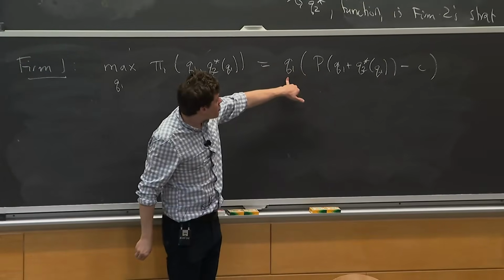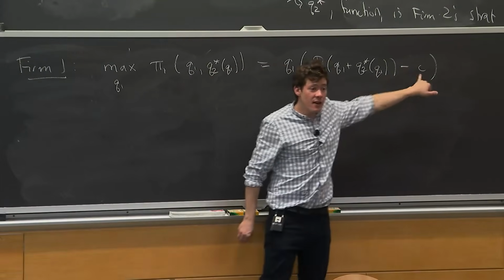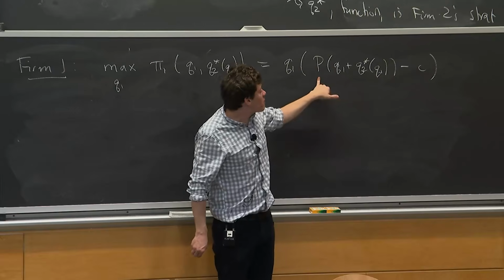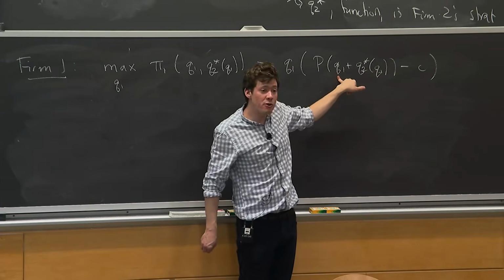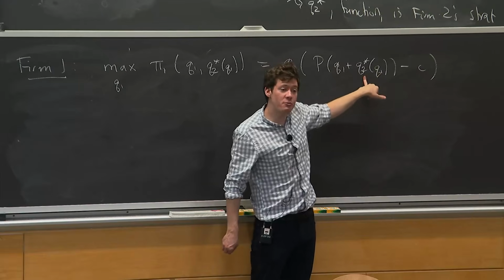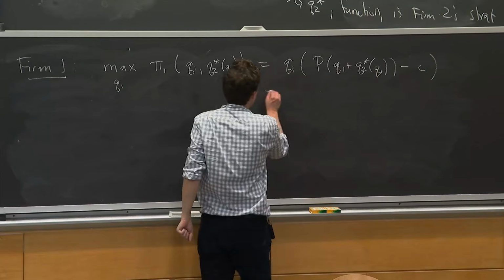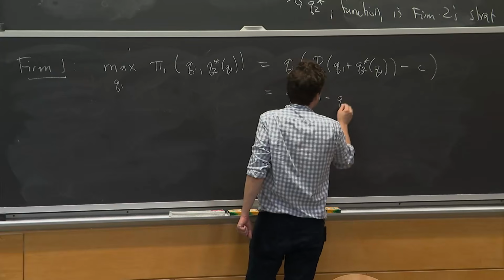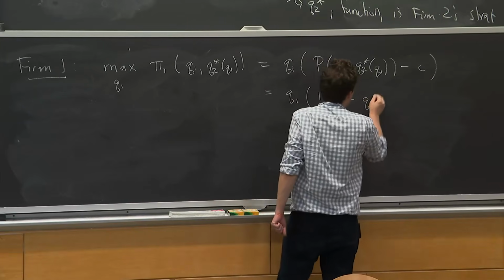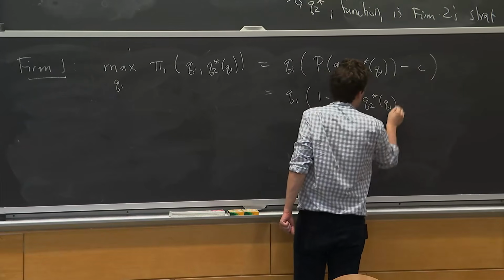Because for each unit I produce, I have to pay a cost of c, and I'm going to get the market price. What's the market price? Well, it depends on the market production level, which is the sum of what I produce and what I'm going to induce firm 2 to produce. So this is q1 times 1 minus q1 minus q2 star of q1 minus c.